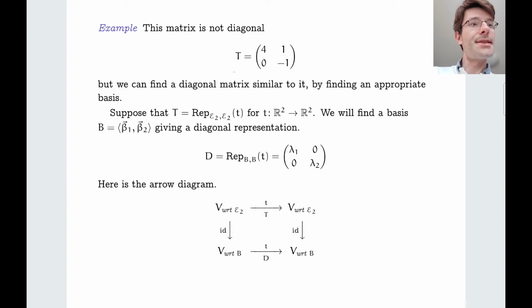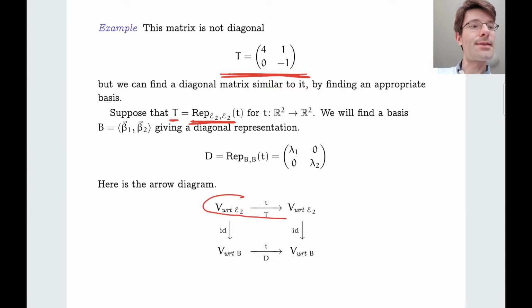This matrix here is not diagonal, but we can try to find a diagonal matrix similar to it by finding an appropriate basis. So we can take the following view. We say that capital T is the representation of a transformation with respect to the standard basis.